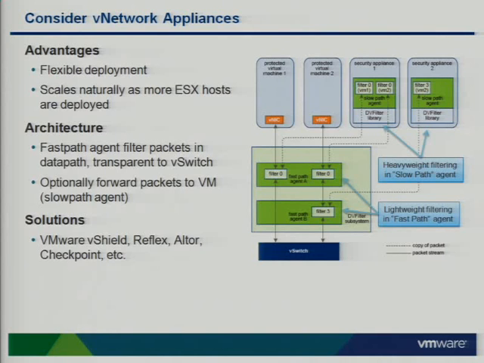The way we do it is that between the VM's vNic and the virtual switch, we allow people to insert a filter. With this filter, you can check, drop packets, modify packets, and so on and so forth. This allows partners to build security solutions. The VMware vShield is partially built on this architecture. We have Reflex, Altor, and Checkpoint, and other partners who already have things in the marketplace.